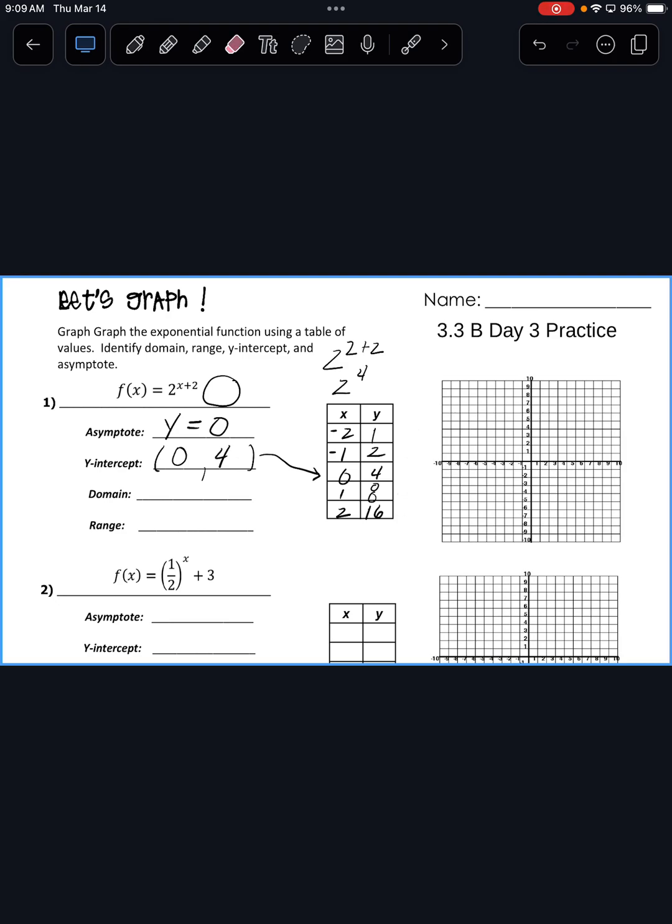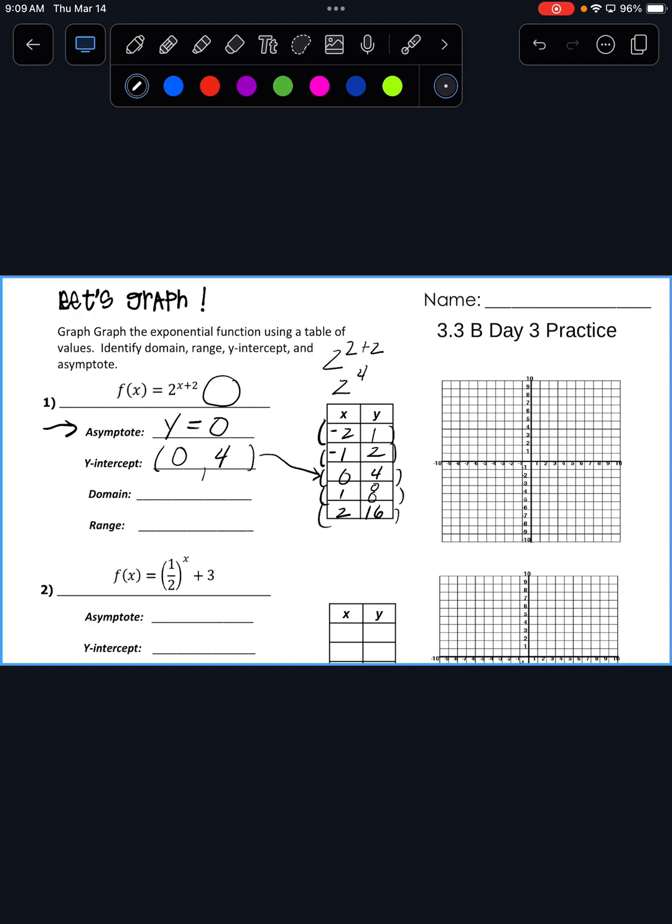So once I've solved all of my values, it's time to graph it. And that's going to leave me 1, 2, 3, 4, 5 points that I can graph. But first, I want to start here with my asymptote.